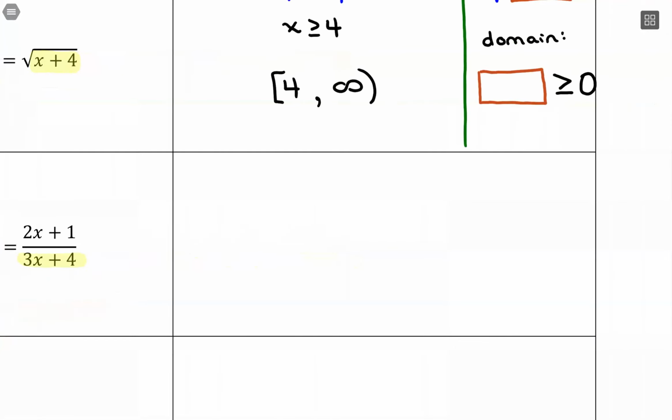So in general with these, if you have a rational function, I'll write that format like I did before. You have something in the numerator, you have something in the denominator. The numerator can be anything. It can be any number, and that'll be fine.